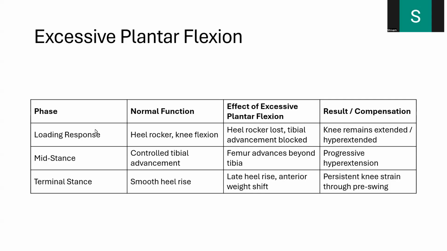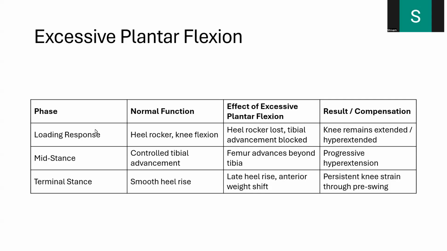Common causes include any plantar flexion contracture or any soleus spasticity. So the result is the knee remains extended and stiff, and it does not do its normal activity, which is shock absorption. In mid stance and in terminal stance, development of hyperextension is seen.